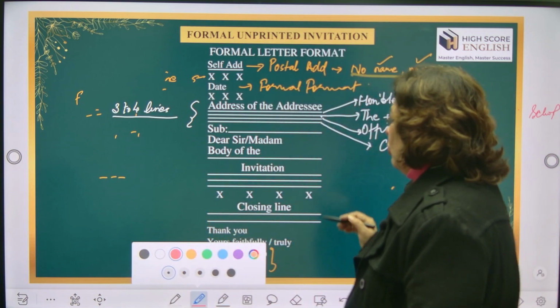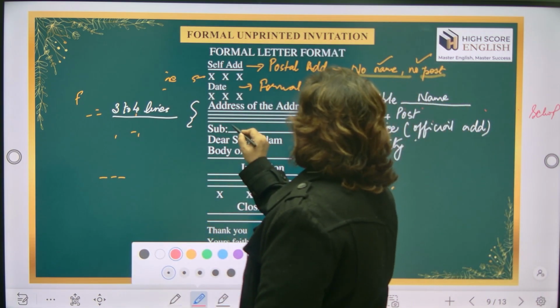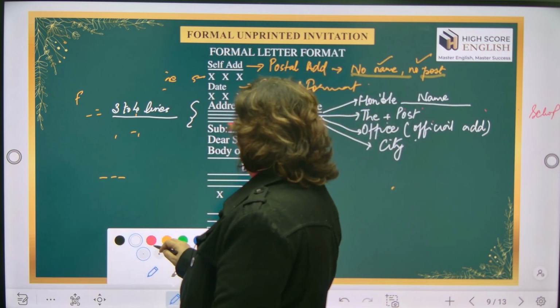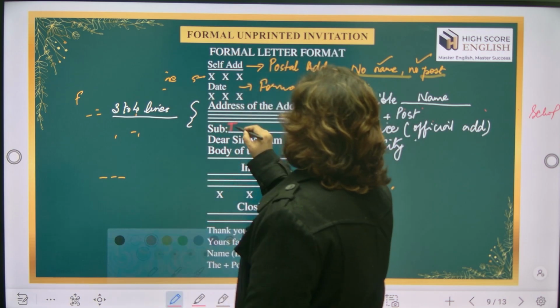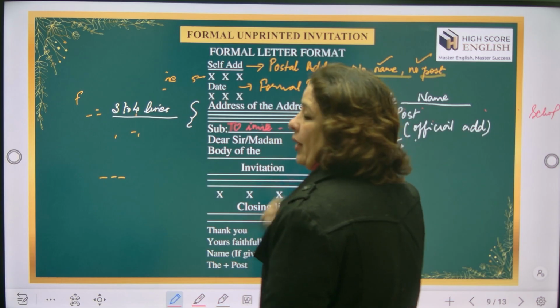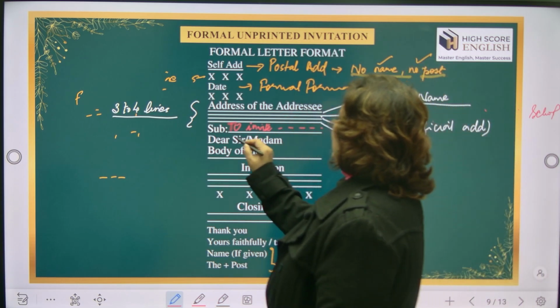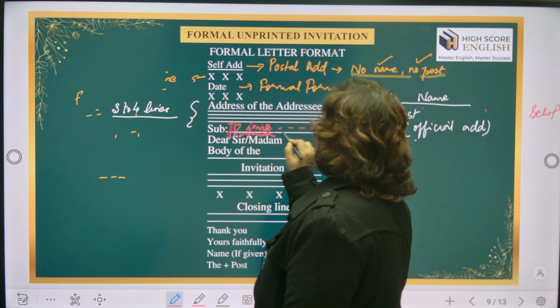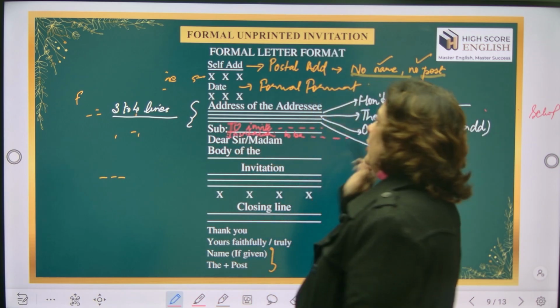Either of the two you are going to write. I'll write both the options here. To invite, whatever, okay, or invitation to be. Invitation to be, and you're going to write this.